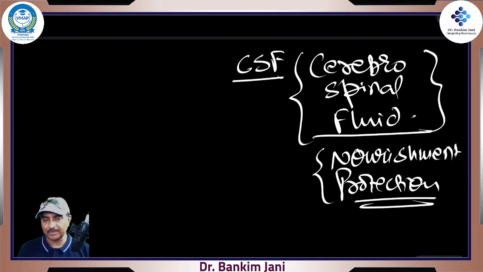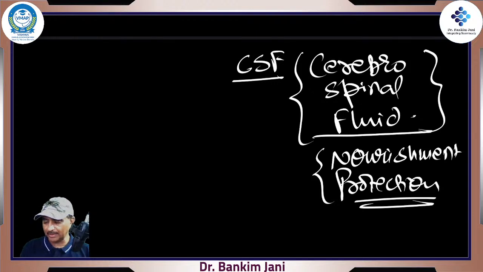Now, what really happens in CSF is the entire circulation, how it starts and how it ends. That is what we shall be doing. This is like a journey of the CSF. Right from the beginning till the end we'll be covering it, along with some very important topics, like some of the areas which are secretory or sensory, and are located in such spaces of the brain that we usually miss them.